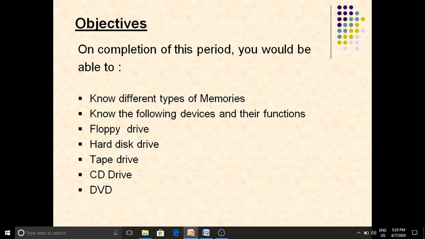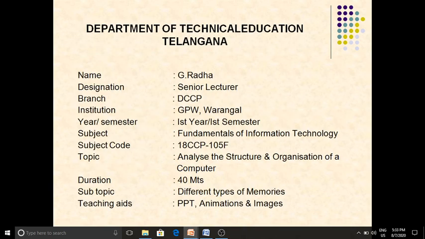Pictorially I have shown you all the primary and secondary memory devices, and have discussed the functions of each and every memory. Okay, students, I think you have understood today's topic.